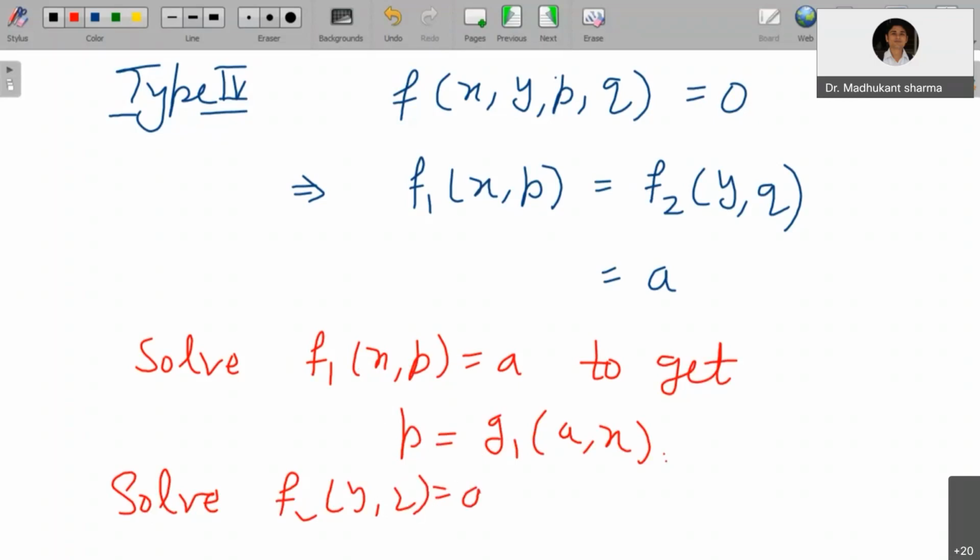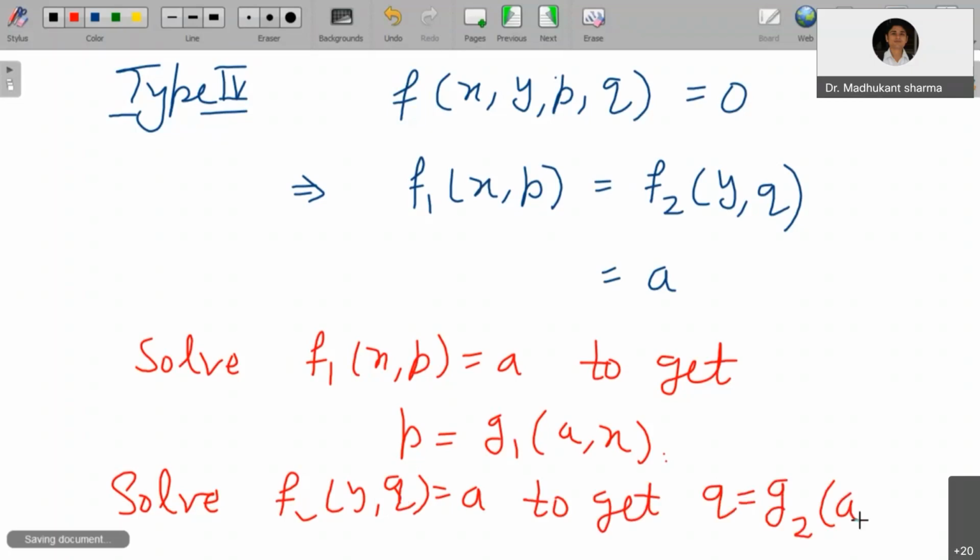Similarly, f2 equals a to get q equal to g2 of a comma y.